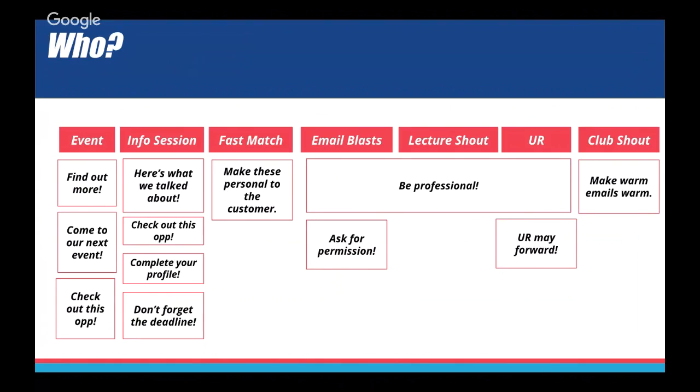So perhaps there was someone who stopped by your event, grabbed a cookie, interacted with someone for less than a minute, but you got their contact. So they don't really know much more about what ISIC is. So you can tell them to find out more by sending them to the website. You can also, people who maybe were interested but didn't have a lot of time to stay, you got their contact, and so you invite them to your next event, whether it's an info session or a fast match.